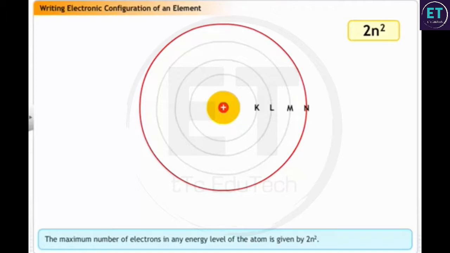For example, for the first energy level, n equals 1. According to the formula, 2 multiplied by 1 to the power of 2 equals 2. So, the maximum number of electrons present in the first energy level is 2.